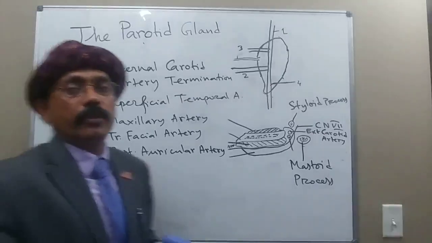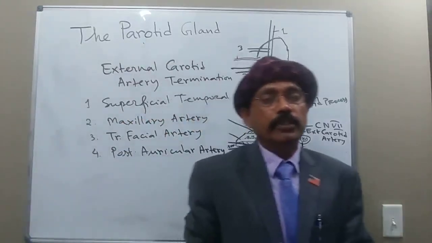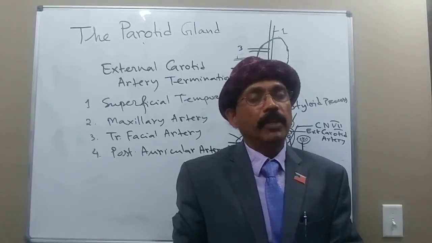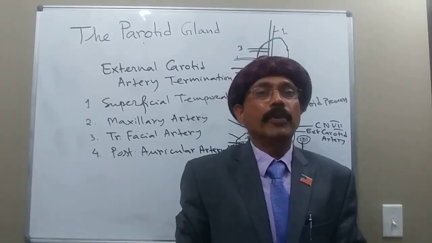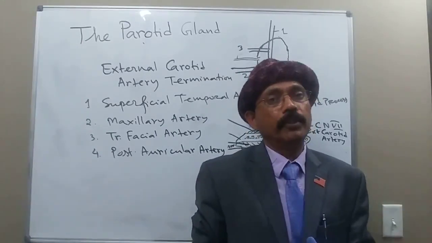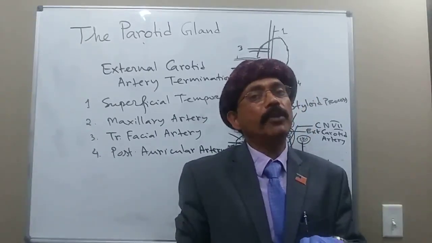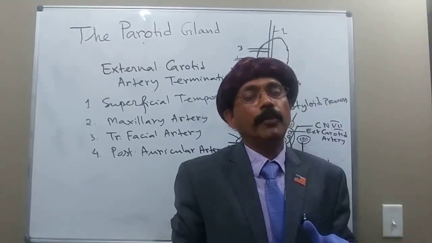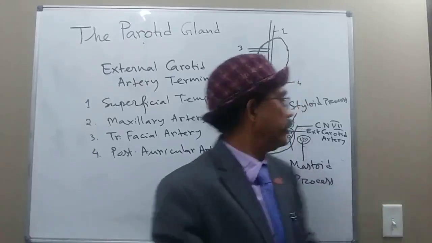So we got the structure inside the parotid gland. These are the facial nerve. We have the retromandibular vein. We have the external carotid artery, and we must add one more group of structure. Those are the lymph nodes. Some of the lymph nodes are present on the capsule of the parotid gland. Some are in the substance of the parotid gland.